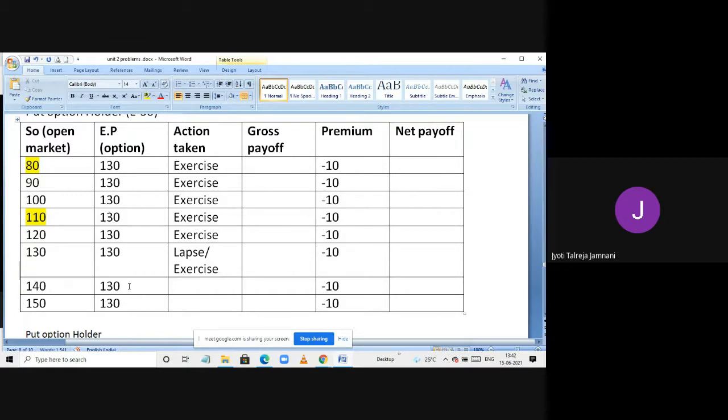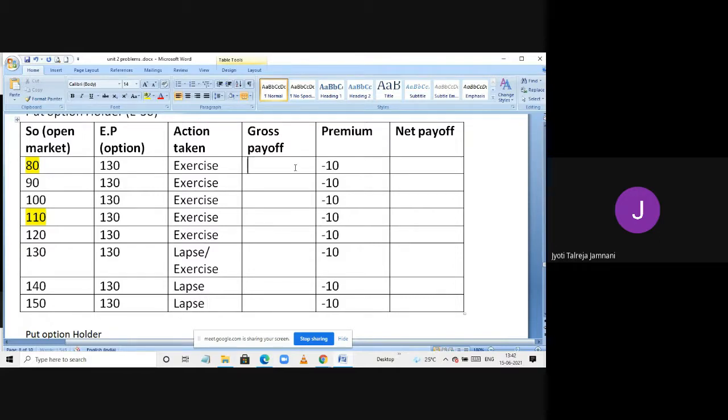But in the last two prices, 130 minus 140, minus 10, there's a loss for the holder. He doesn't want to sell it for 130 in the option. He would prefer to go to the market and sell it for 140. So he will lapse the option here. And in the next price also he will lapse the option.